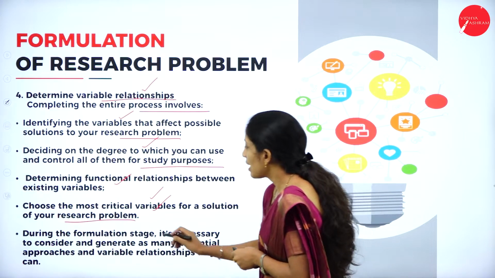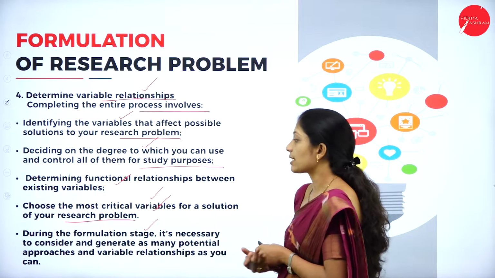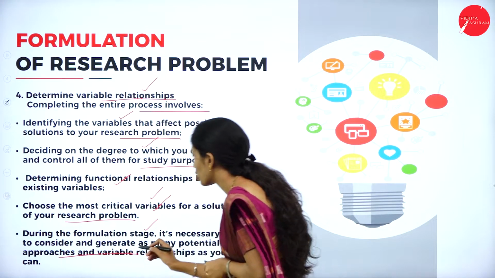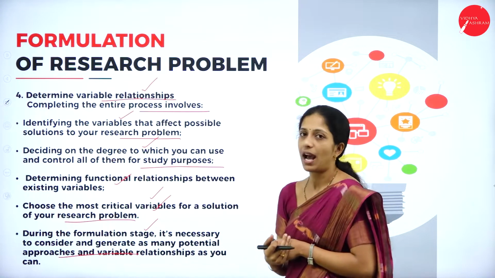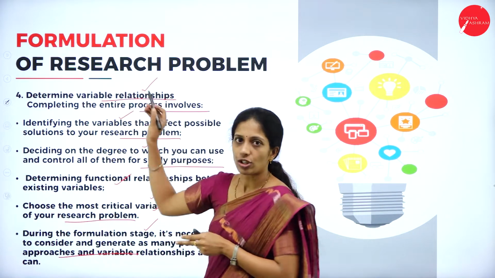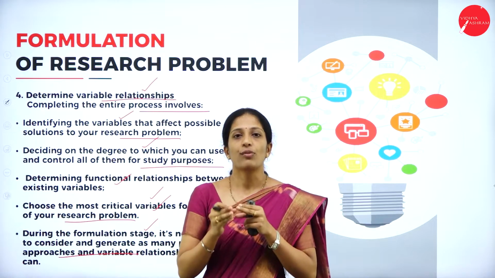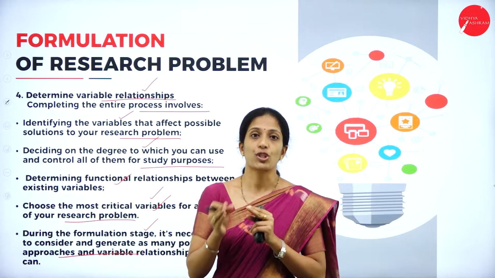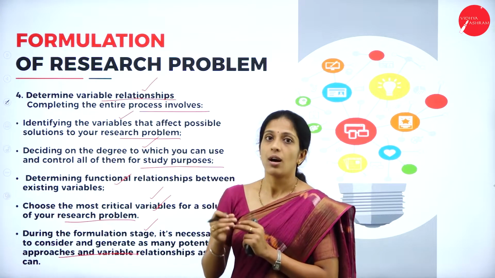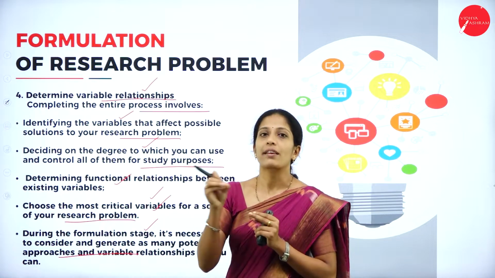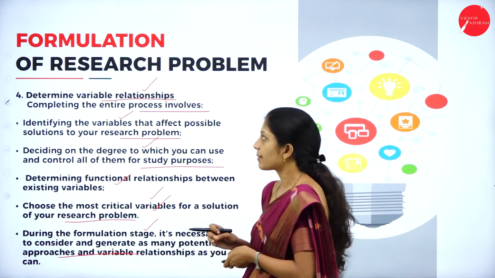And the next one is, during the formulation stage, it is necessary to consider and generate as many potential approaches and variable relationships as you can. So what you have to remember is that variable relationship has to be maintained. We have to collect those variables which fetch you the direct solution, or else decide what studies have to be made in that variable, or what relationship the variable has.